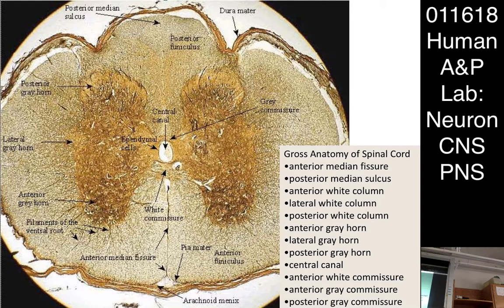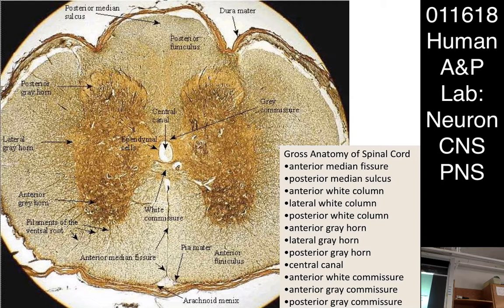It does on the posterior side, and there's just a little posterior median sulcus. A sulcus is just a little divot, furrow, S-U-L-C-U-S. There's a posterior median sulcus, but an anterior median fissure.